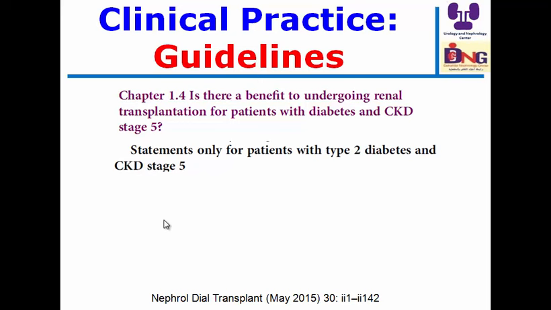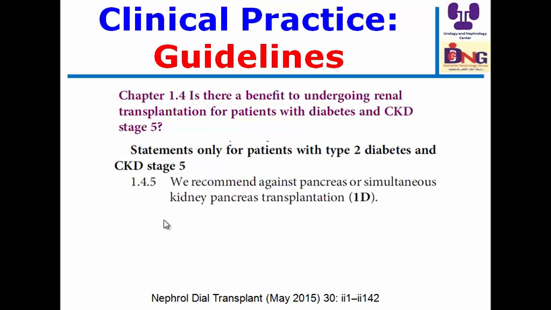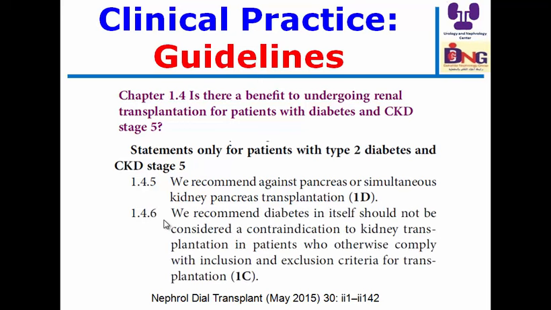For type 2, the recommendation is against pancreas or simultaneous kidney and pancreas, so just kidney alone for type 2 diabetes. The recommendation shows that diabetes in itself shouldn't be considered a contraindication to kidney transplantation in patients who otherwise comply with inclusion and exclusion criteria for transplantation.